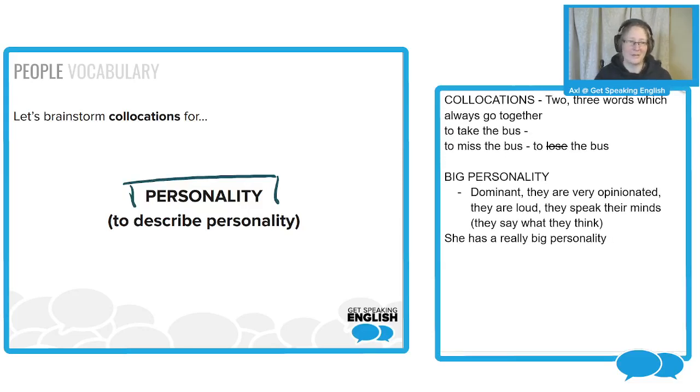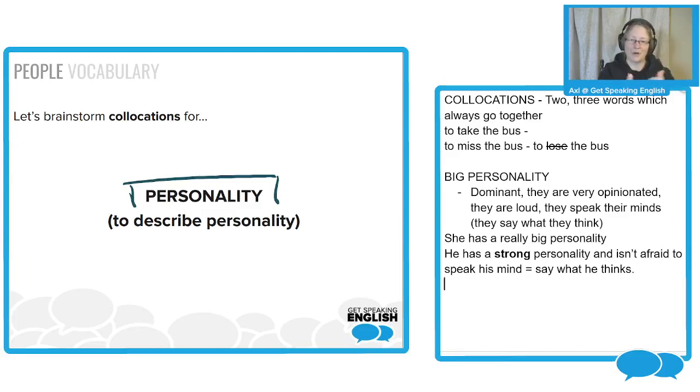Or actually, a better one might be strong personality. So, for example, he has a strong personality and isn't afraid to speak his mind. So he's not afraid to say what he thinks. And people who have strong personalities, they have an idea and it's hard to make them change what they think.